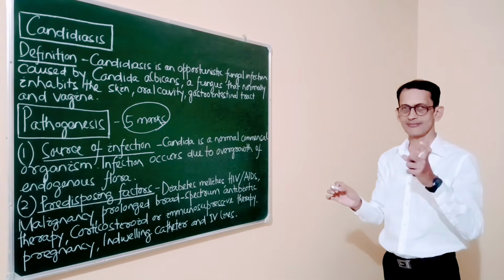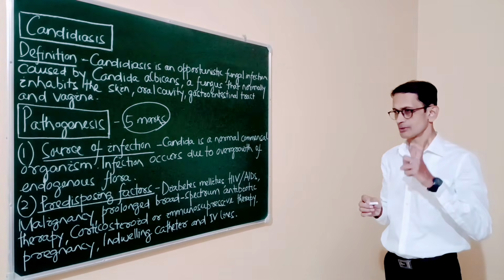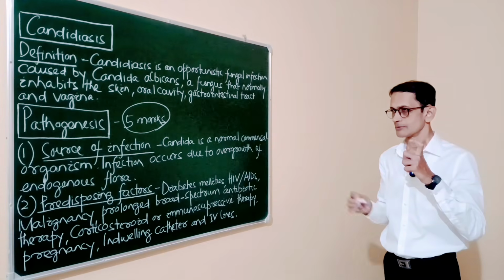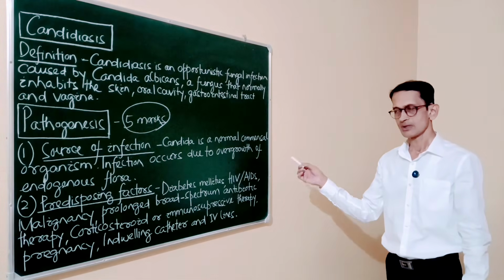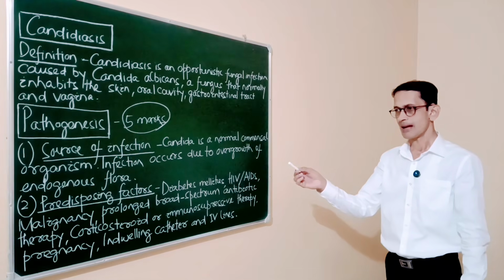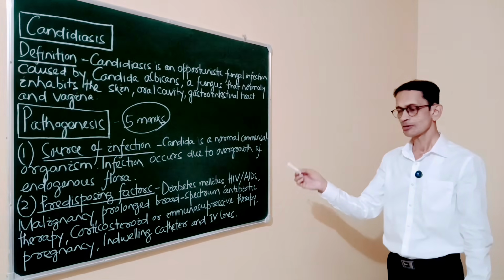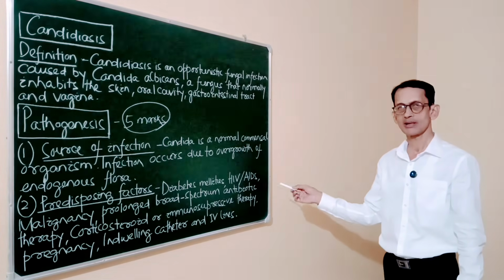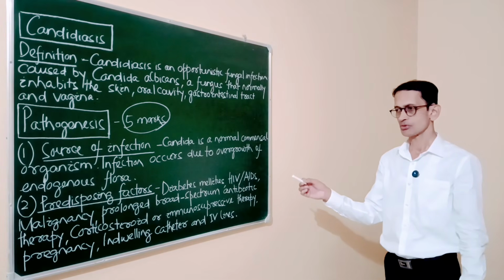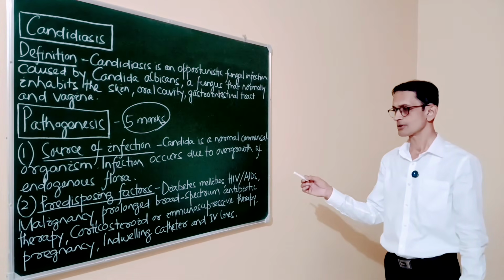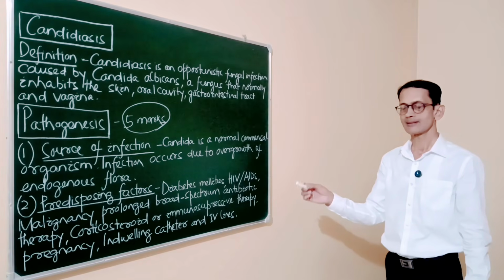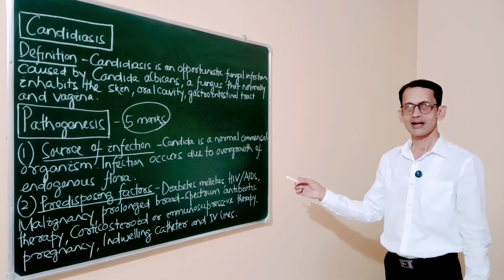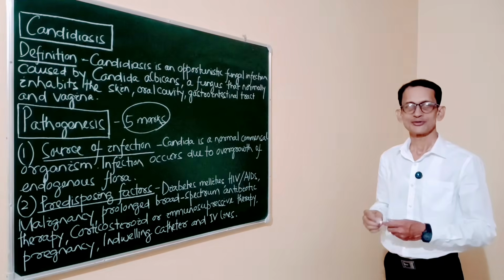That means what are the factors which trigger the fungal infection, like diabetes mellitus, HIV AIDS, malignancy, prolonged broad spectrum antibiotic therapy, corticosteroid or immunosuppressive therapy, pregnancy, indwelling catheter and intravenous lines.